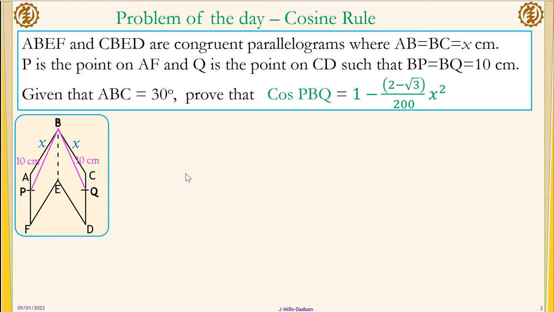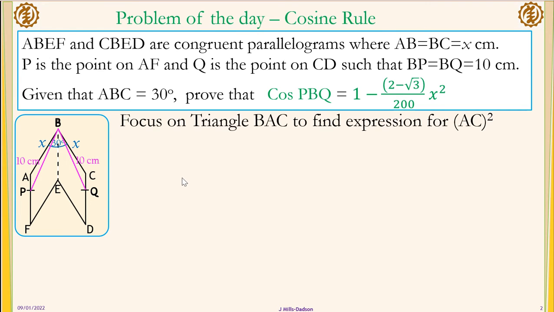And 30 degrees as well. I would like to focus on triangle BAC to find the expression for AC squared. Why? Because I'm supposed to prove cos BPQ.